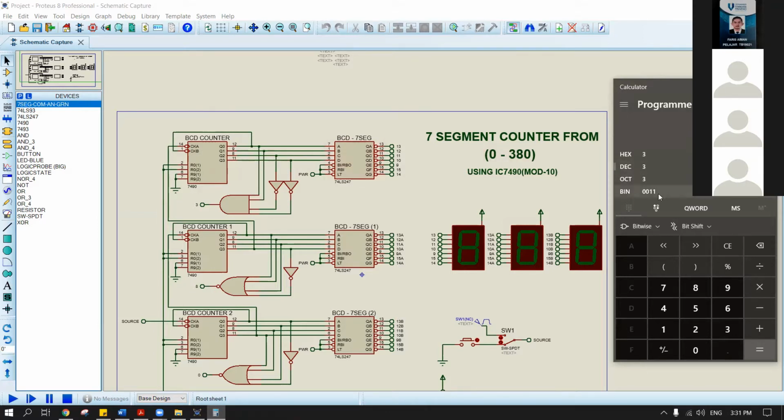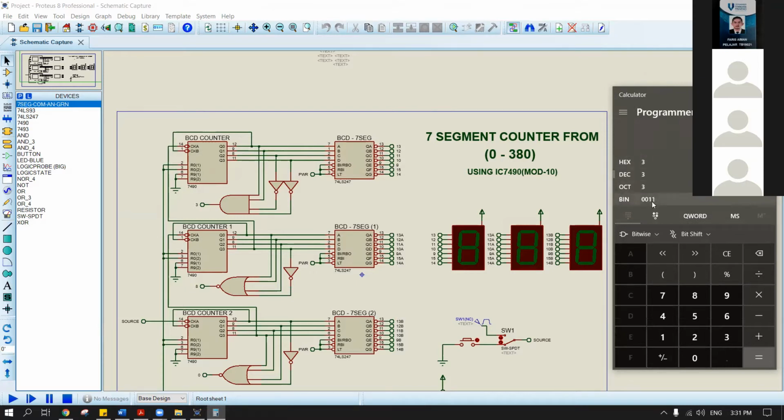If you guys can see my calculator, the number 1 on the right side is the LSB, right? And the left side is the MSB.